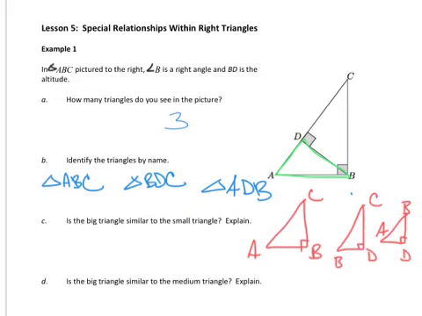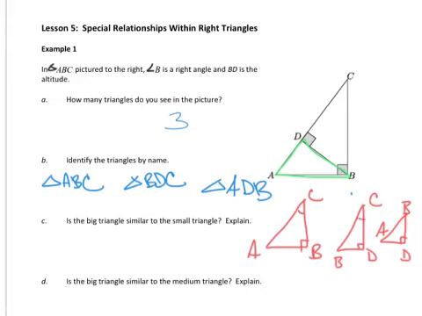And then what else we know, if you look at the original picture with my sketches down here, two of the triangles are going to share angle A, and the other two are going to share angle C. So between the big triangle and the medium triangle, they share angle C. So I can mark that.